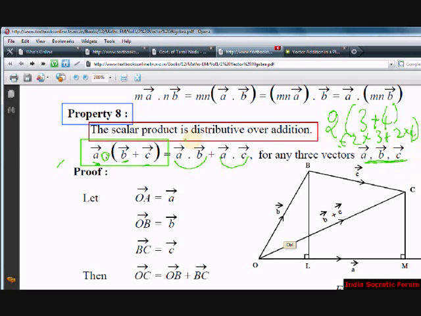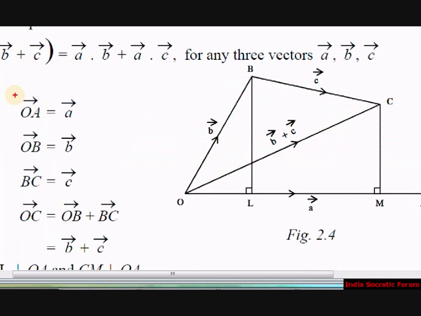Now read the question. The scalar product is distributive. This is the property they want to prove. Let's take the proof. Let us draw the OA vector, represented by this line, and we just denote it by A vector.